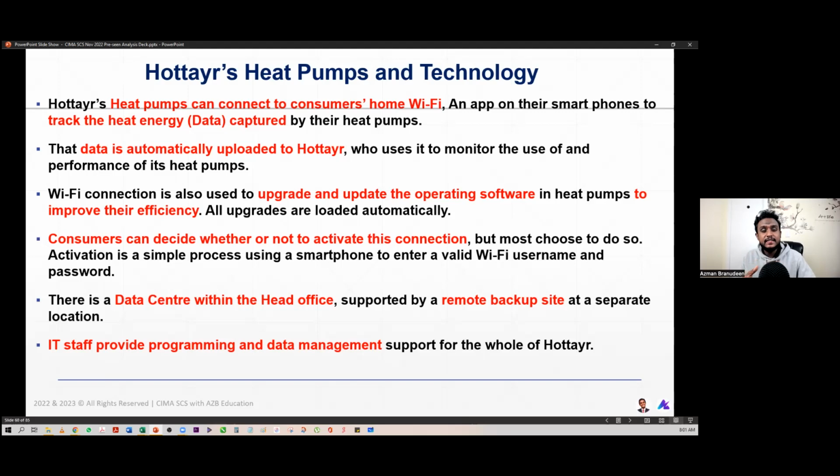And there is a data center in the head office, as I said, which is supported by a remote backup site. So we don't know whether this remote backup is like a hot backup or a cold backup. We don't know to what extent. And I think that's a good move this time, because they can easily bring in the word cold backup and put you in a situation where the risk is that we didn't have a hot backup site.